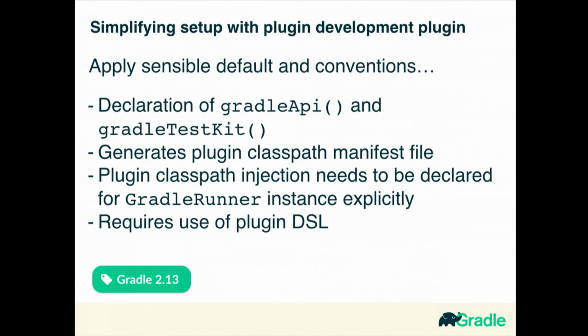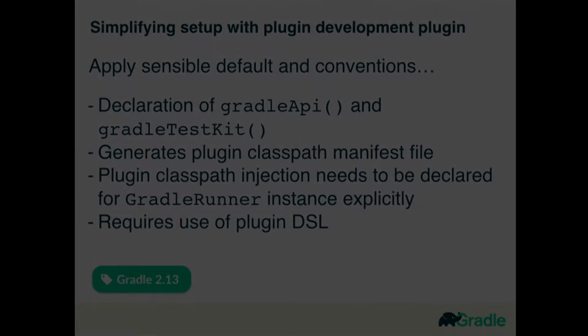It's being handled automatically by the plugin. One important thing here is that if you wanted to inject that class path automatically, you have to tell Gradle about it. Or more specifically, you have to call a method on the Gradle runner API. Just to indicate, yes, I want to use that, we want to use the class path which has been created under the covers for us. And we do so by using the plugin DSL as well.